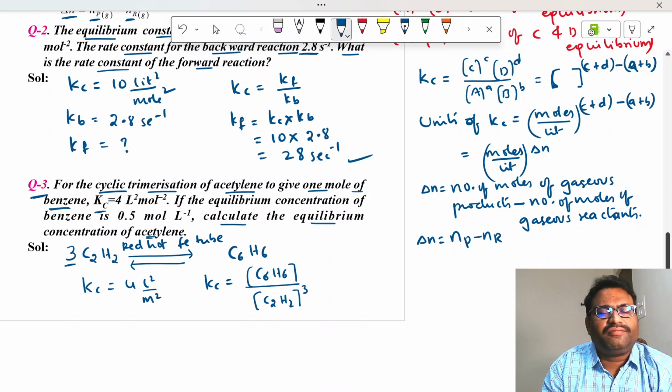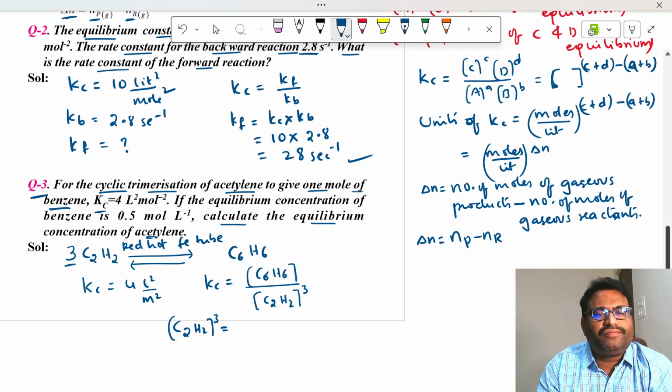So the equilibrium concentration of acetylene, C2H2 power 3, is equal to concentration of C6H6 by Kc. Kc is given how much? 4, and the equilibrium concentration of benzene is given as 0.5.